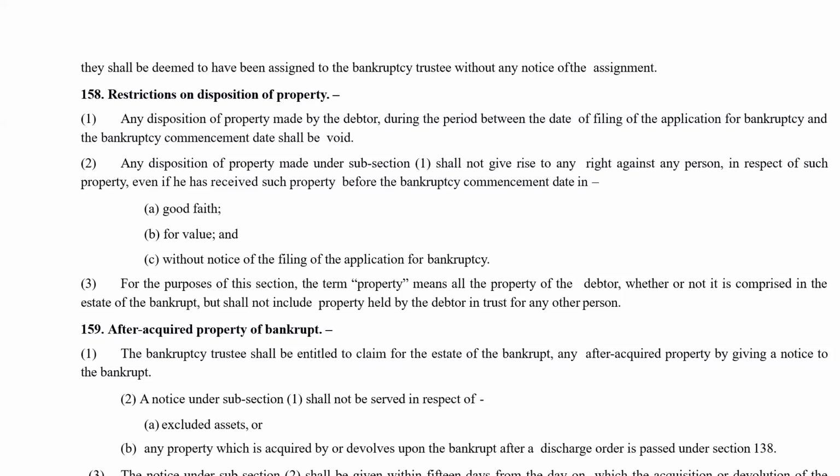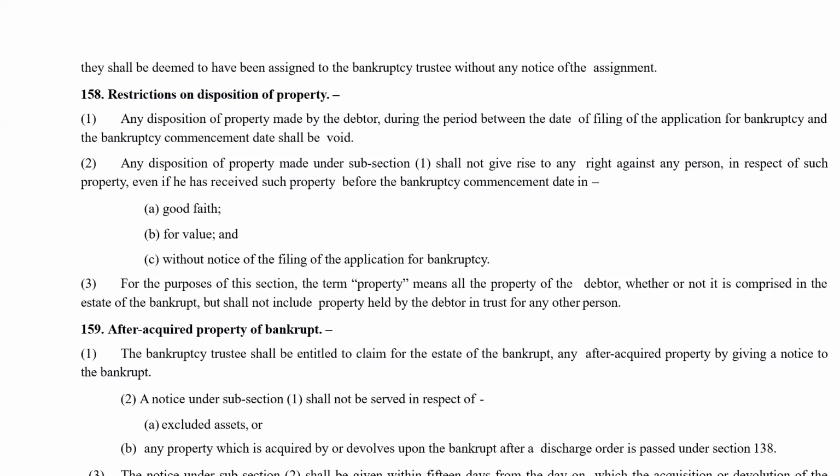Any disposition of property made under subsection 1 shall not give rise to any right against any person in respect of such property, even if he has received such property before the bankruptcy commencement date. So even the plea of good faith, for value and without notice of the filing of the application for bankruptcy, will not work here.